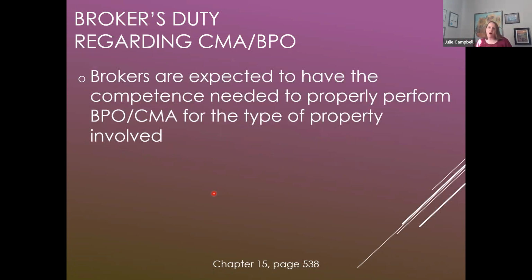We're expected to have the competencies needed to properly prepare these things. There are different skill sets for residential versus commercial, and different things to consider. Obviously, this class is heavily focused on residential. If you're going into commercial, you need that training, that education.